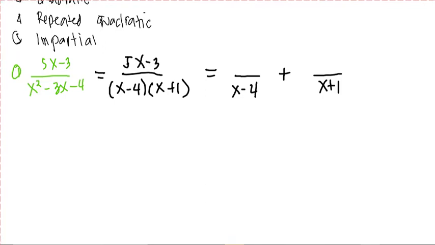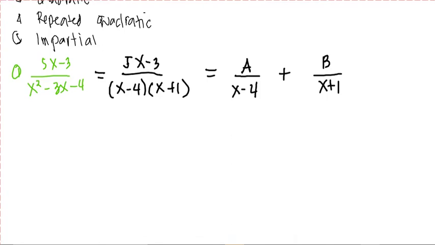So if the denominator has an exponent of 1, the numerator should have an exponent of 0. So if 0, or if there's no variable on top, it will be a constant. So the constants on top are represented by A and B. Next, with this partial fraction, we need to solve for the values of A and B.